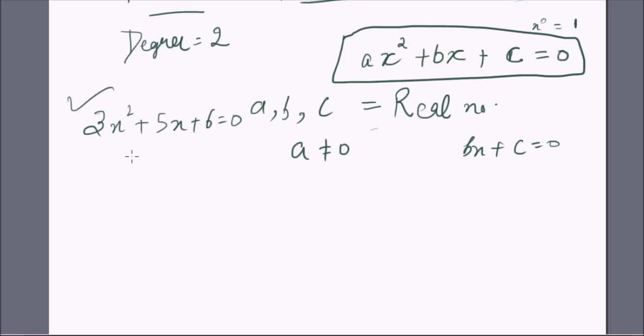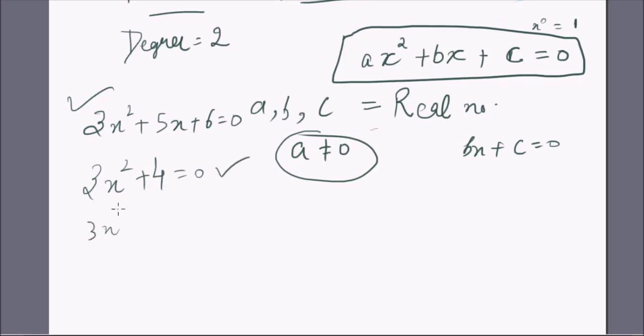Similarly, 3x square plus 4 equal to 0 is also a quadratic equation, because a must not be 0, but b and c can be 0 separately. Here b is 0, and still this is a quadratic equation. Similarly, 3x square plus 9 is another quadratic equation, and so on.